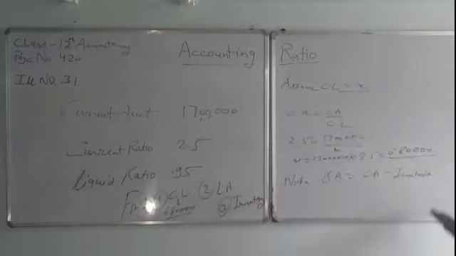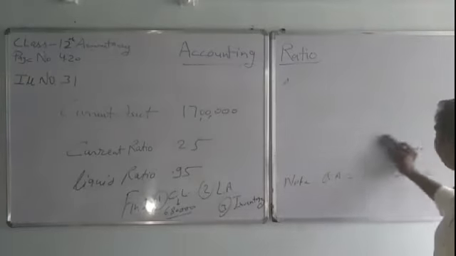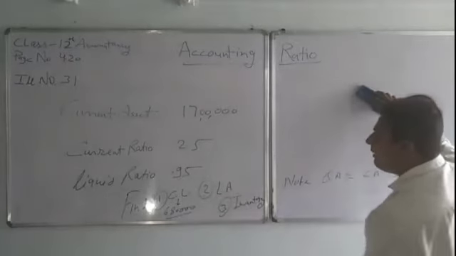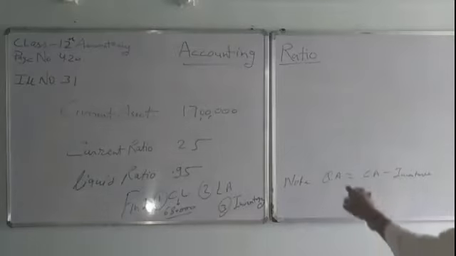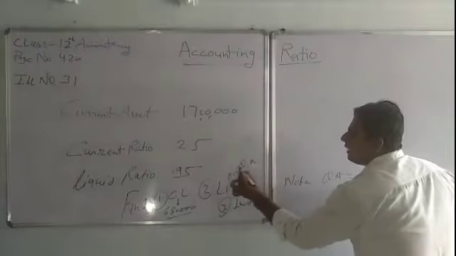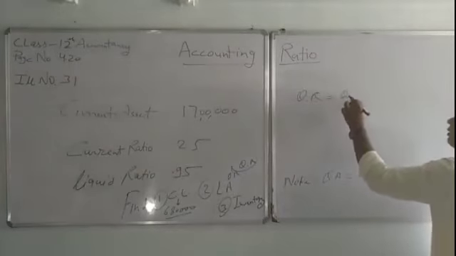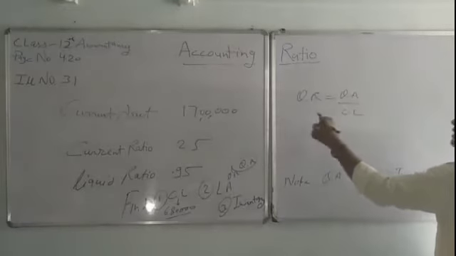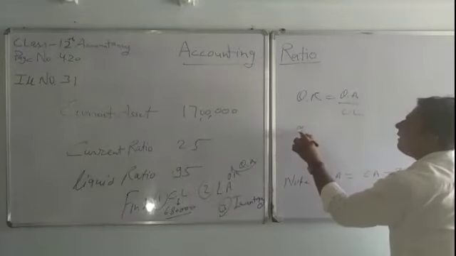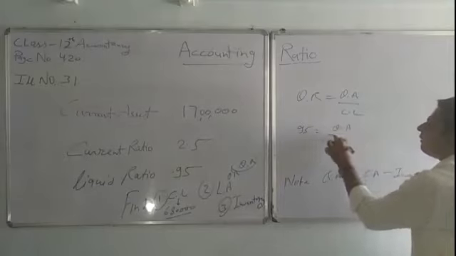Now what we have to find out? We have to find out liquid asset and inventory. For finding the liquid asset, that means quick asset, quick ratio is equal to quick asset divided by current liability. This is our second formula. The liquid ratio is given as 0.95 and quick asset is not given, so we'll have to find it out.